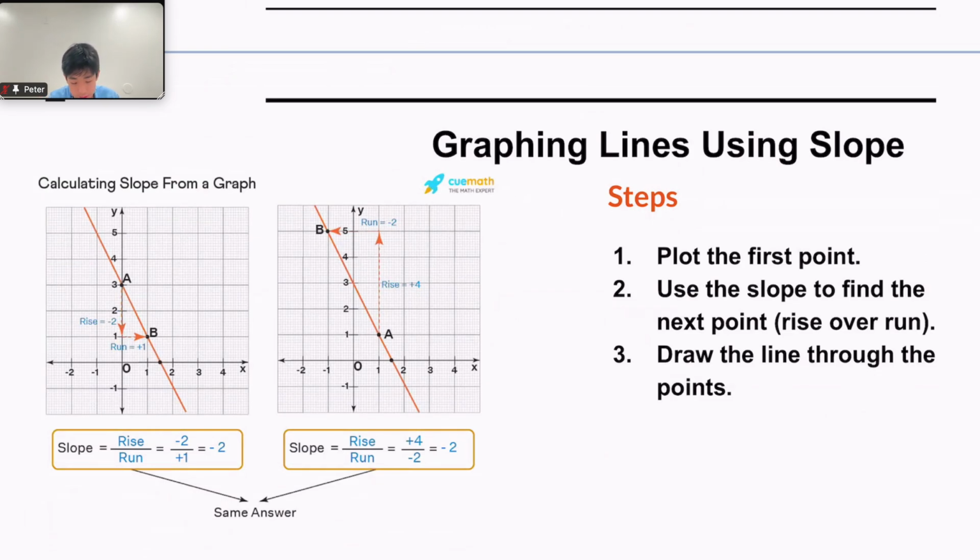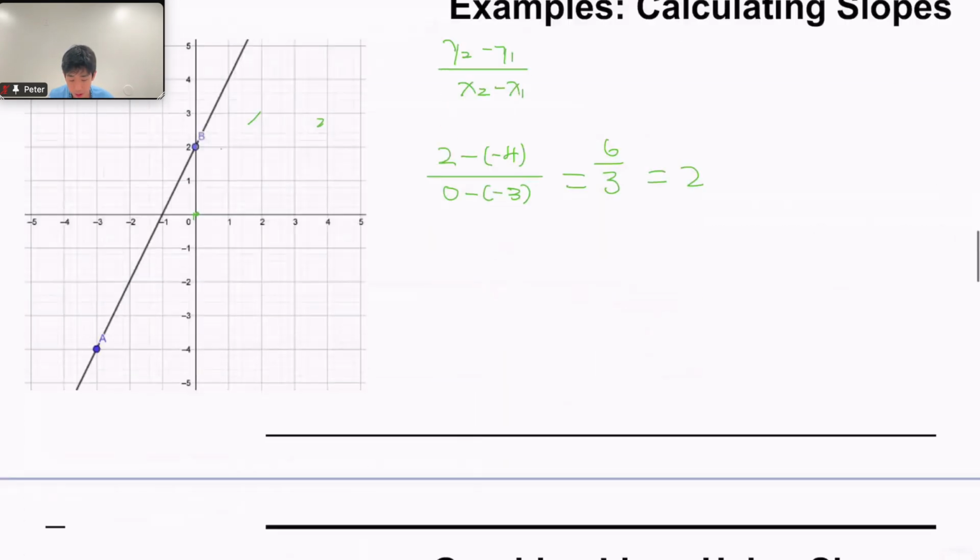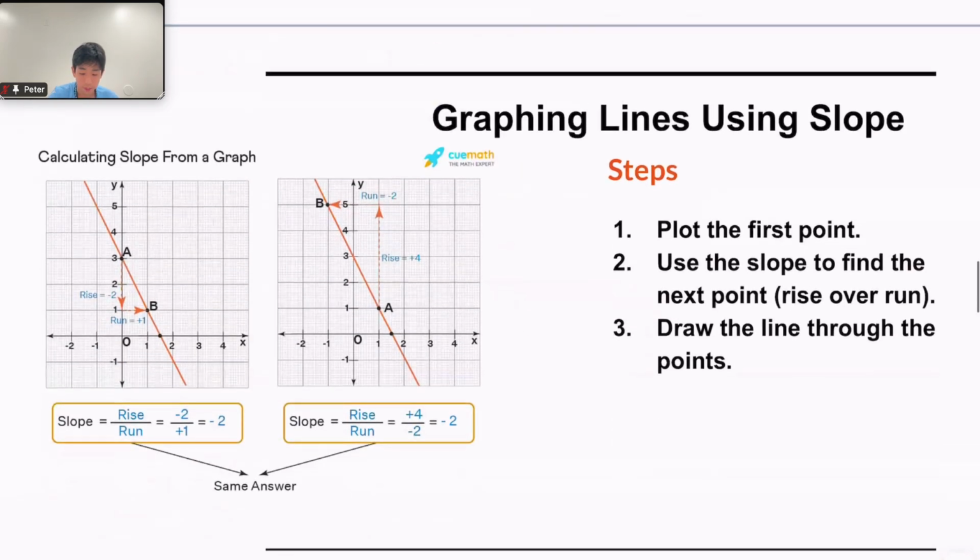Plot the first point. I usually like to see the first point as 0, 0, but in some examples it will ask you to write the first point out. Then use the slope to find the next point, rise over run, which is basically what we learned in the last formula.